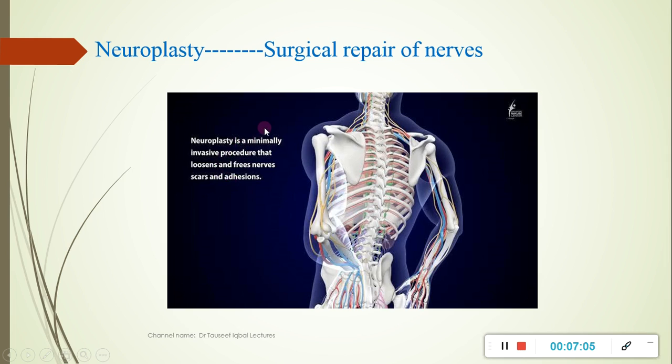So if there is a problem in our different nerves, we perform a surgery, and that is neuroplasty. If nerves become combined and cohesive with each other, in that technique nerves become free from each other and they become loosened. So surgical repair of nerves is called neuroplasty.